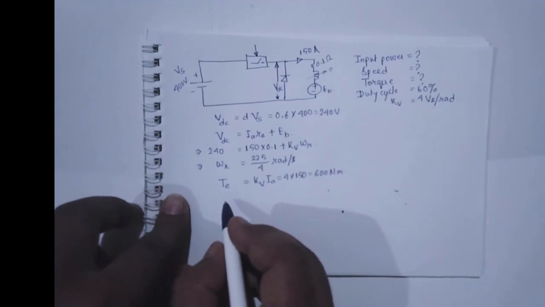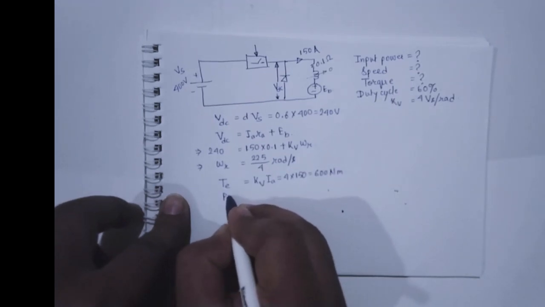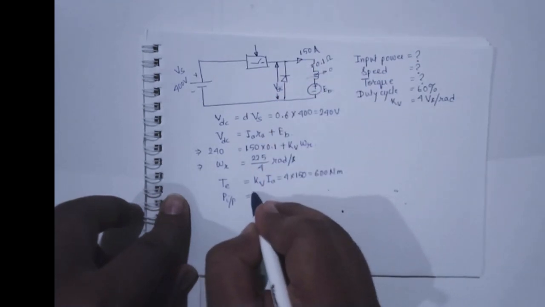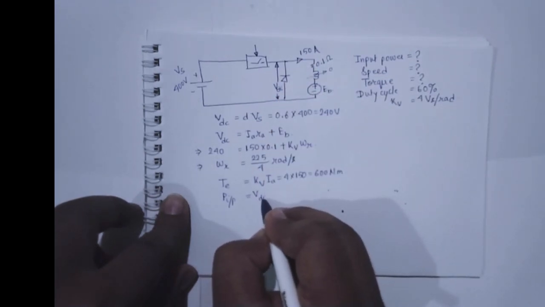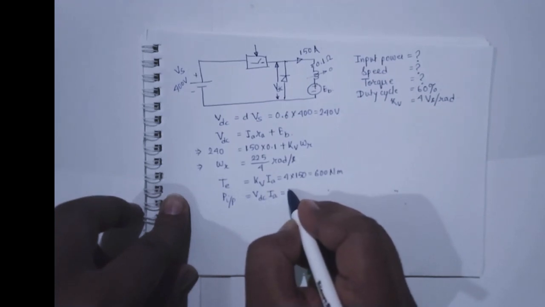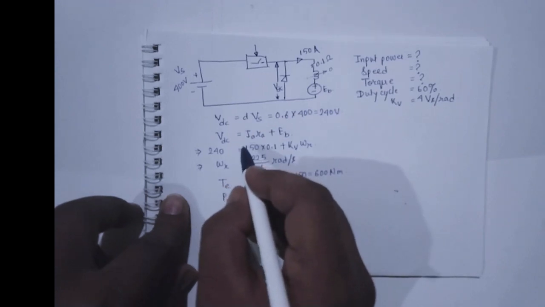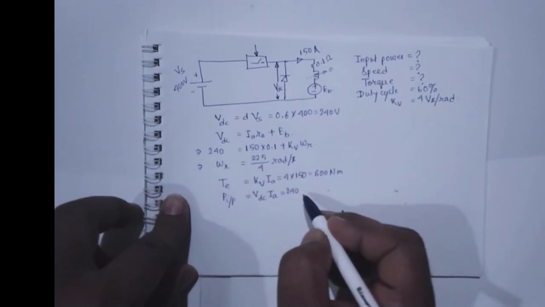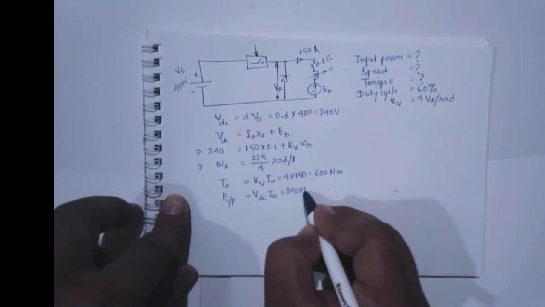Now the next thing is that we have to find the input power. The input voltage here is VDC into IA. VDC is how much? 240, and IA is 150.